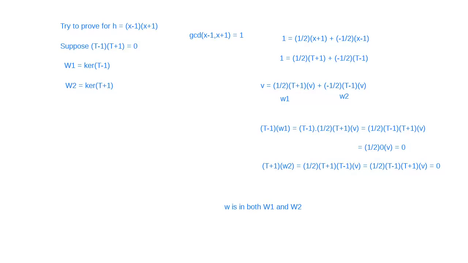But w is in W2, which means t plus 1 of w equals 0. It's in W1, which means t minus 1 of w equals 0. So you just get 0 plus 0 equals 0. So the only thing in both subspaces is 0, and the sum of the subspaces is the entire vector space V, so we have a direct sum. So V equals W1 plus W2.